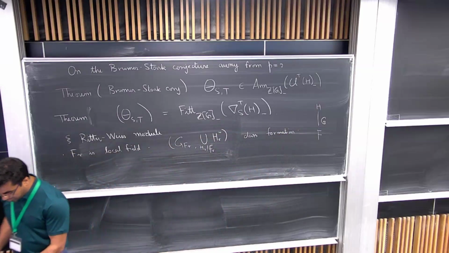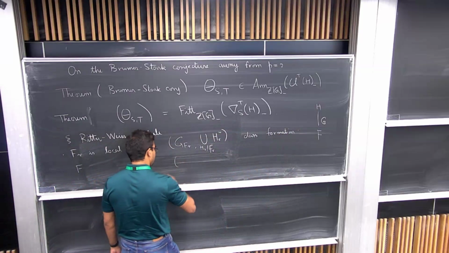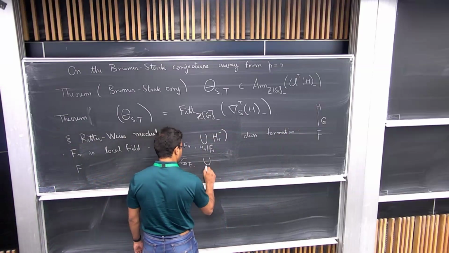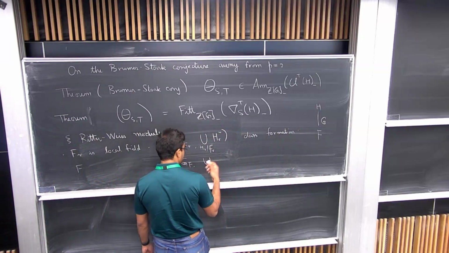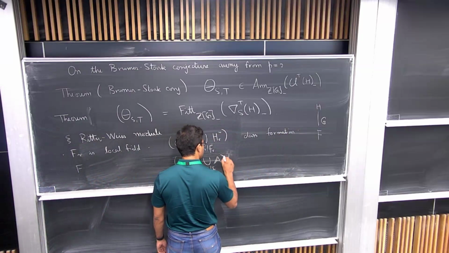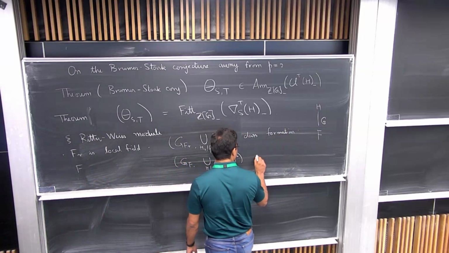Similarly for the global field, I have G_F, and H runs over finite extensions of F, A_H^× modulo H^×. This is also a class formation, right?